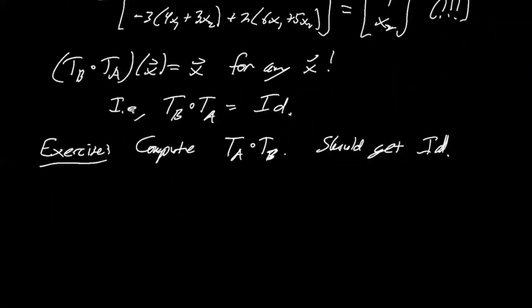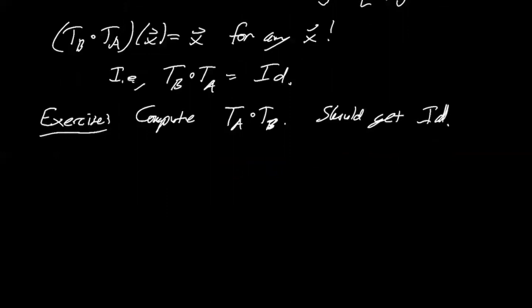Okay, and what this means is that if you apply T sub A and then you apply T sub B, T sub A does something to the input numbers, and then T sub B undoes that and gives you back where you started. Very similarly, if you apply T sub B and then T sub A, you get back where you started. So basically these are what are called inverse transformations.